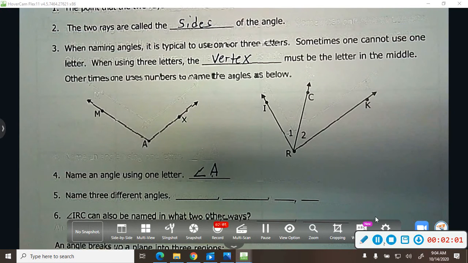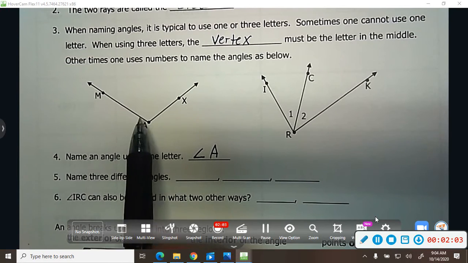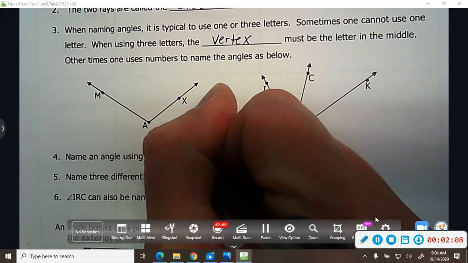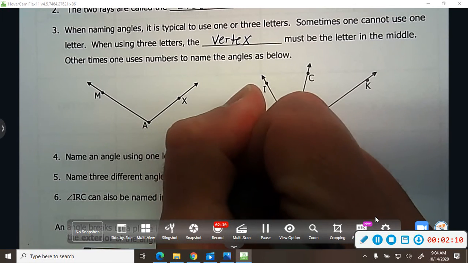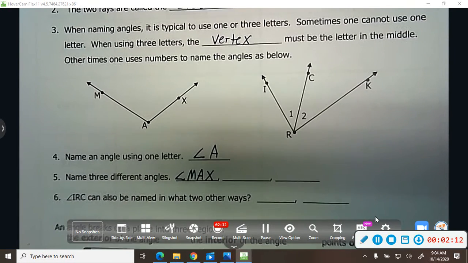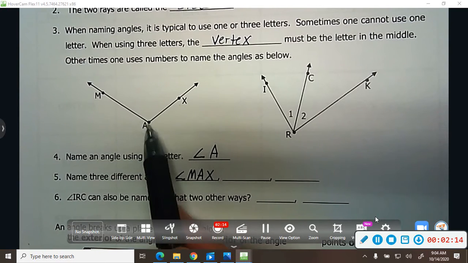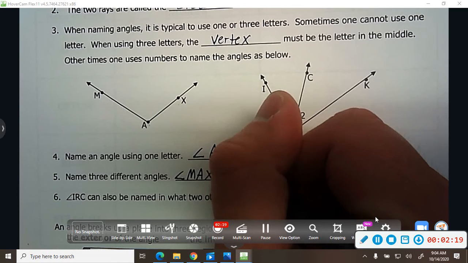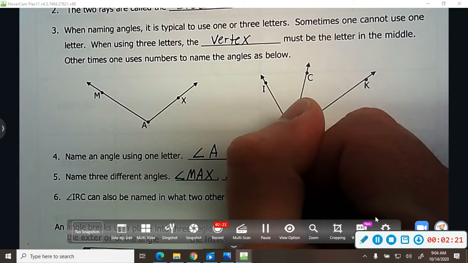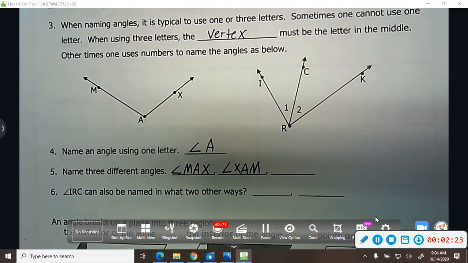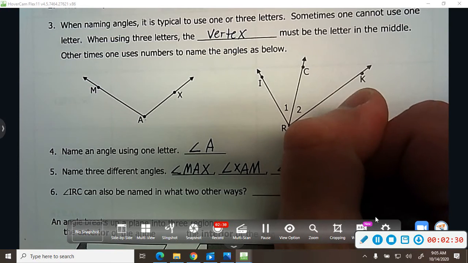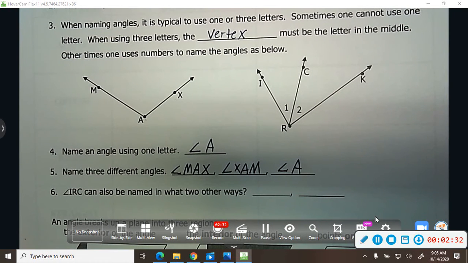So if I want to name three different angles, I could call this angle MAX. I could call this angle XAM. And notice A is always in the middle because it's the vertex. Or I could just call this angle A because there's no other angles on the screen.